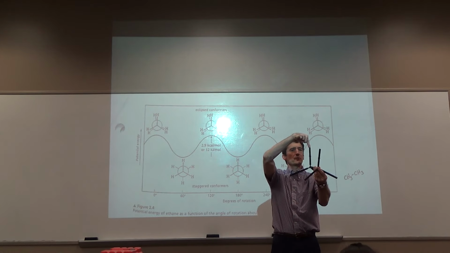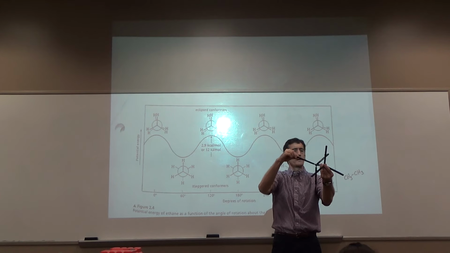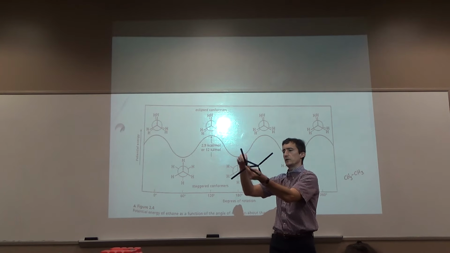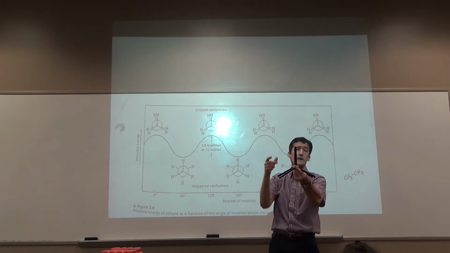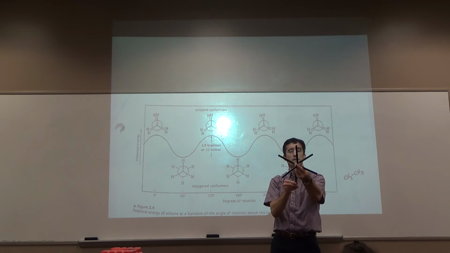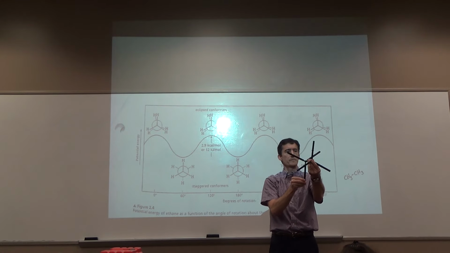Here's the original. We're going to rotate all the way around. Okay. Staggered. Let's rotate another 60, and what do we get back? We get eclipsed. Of course, it's now a different H eclipsing that up there. Now we get what? Staggered, and we've rotated 180 degrees.